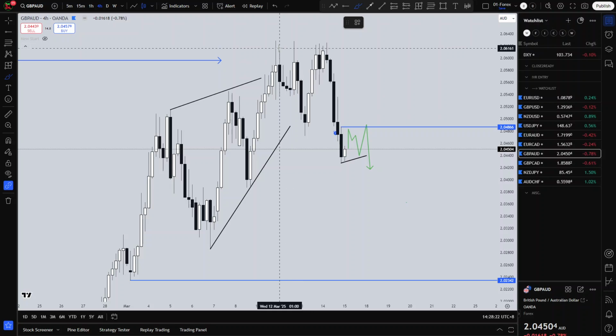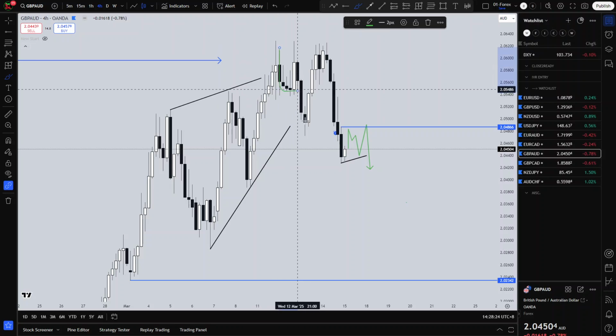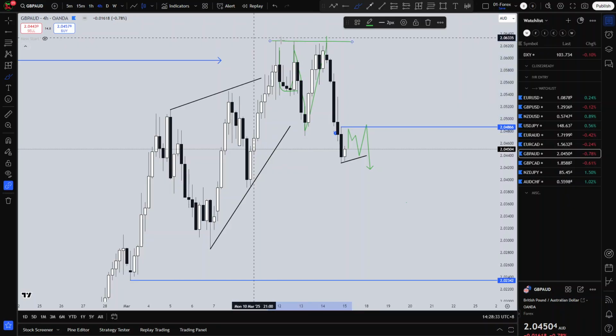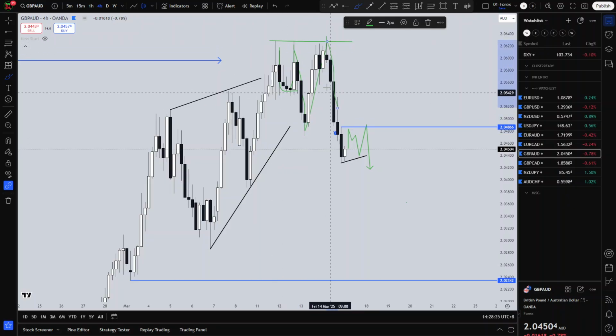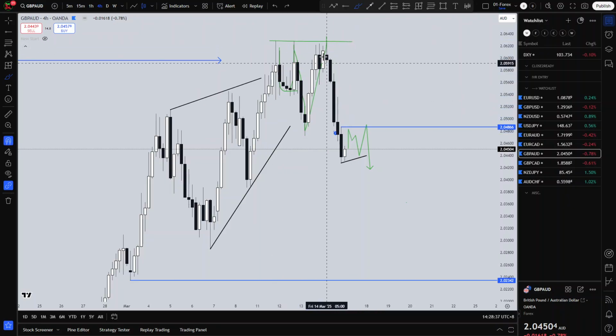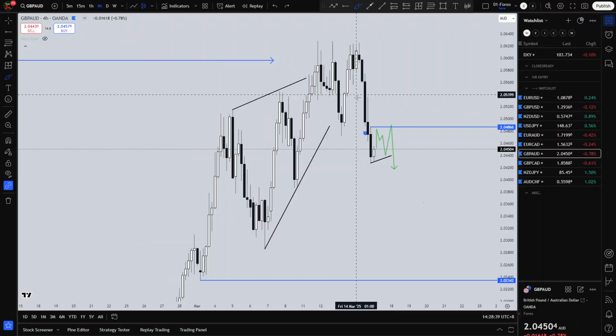We saw some initial reaction on the high, but then failed to continue to sell off. Instead, we came back up one more time, made a double top, then tried it again, had a V-shaped recovery, and that's like a triple top now, and then finally we gained some momentum. Confirmed momentum on the 4-hour time frame.